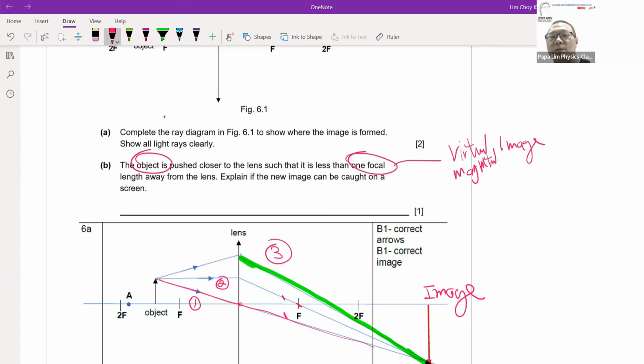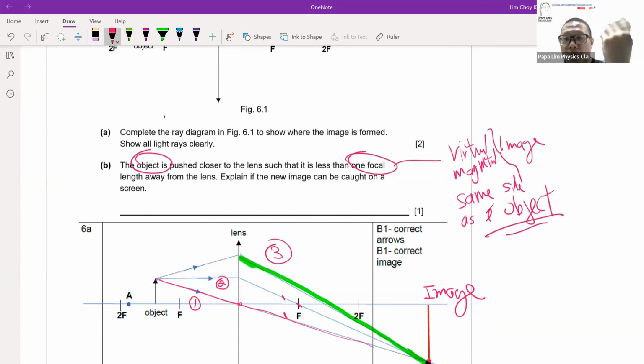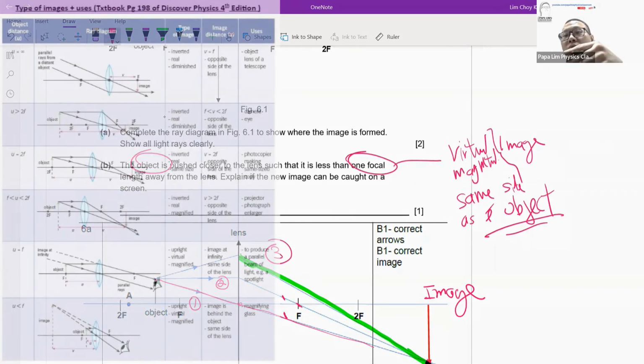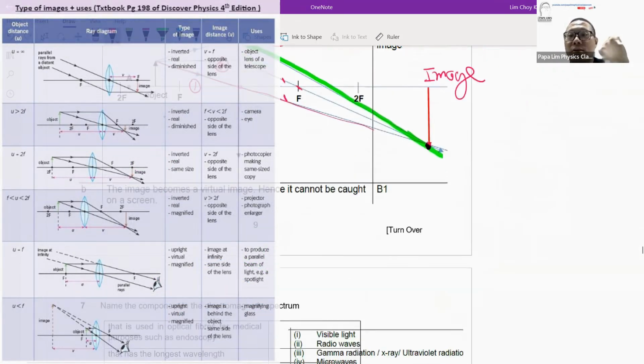Okay, and it will also be on the same side as the object. Okay, so this information I actually got not from the ray drawing that I've drawn somewhere, but from the textbook or from the notes, whereby it's a standard outcome.